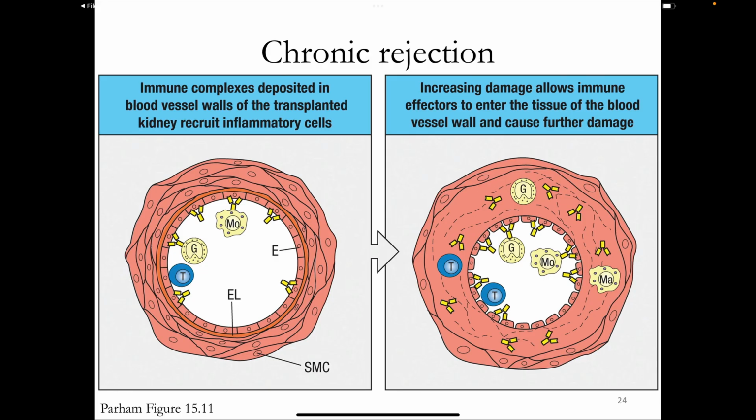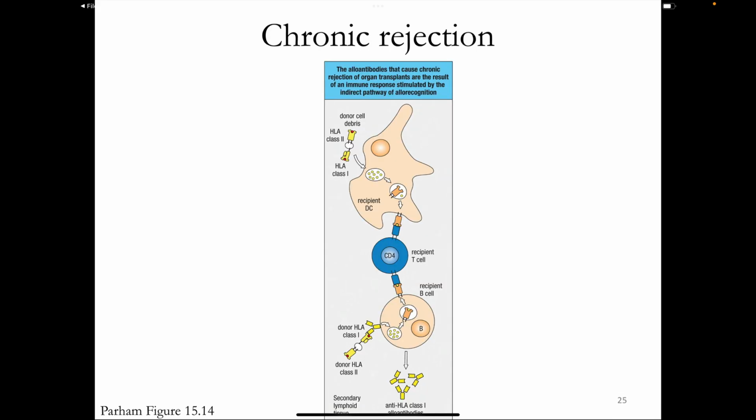So it's immune complex formation, leading to inflammation and destruction of the vessel. This is happening years post transplantation, but like I said, there's a lot less known about this one because it's not easily studied.